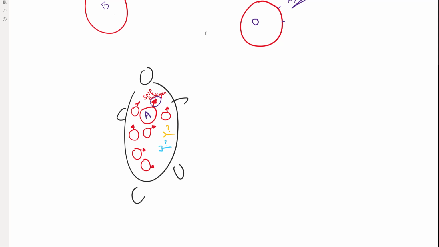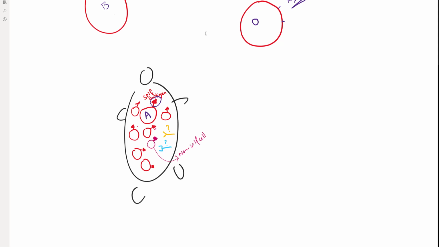All of them will display the same antigen because this is the self antigen. And in this case, the non-self antigen will be the square. So if I put in a red blood cell that has the square, then this is a non-self antigen or non-self cell, because the self antigen is the triangle. Here the self antigen for this cell is the square. Therefore, this is non-self. It means it does not belong to this person.